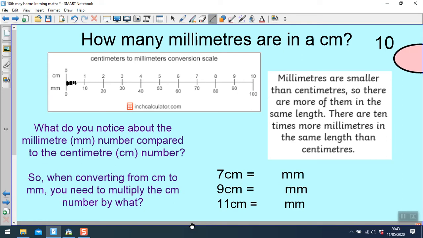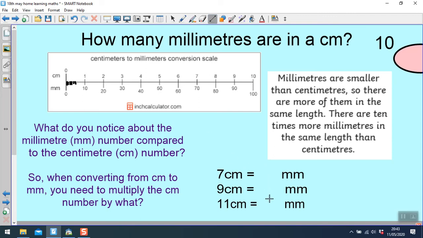So when converting from centimetres to millimetres, you need to multiply the centimetre number by what? By 10. If the centimetre number is 1, times by 10 you get 10. If the centimetre number is 5 and you turn it into millimetres, it's going to be 50 millimetres.